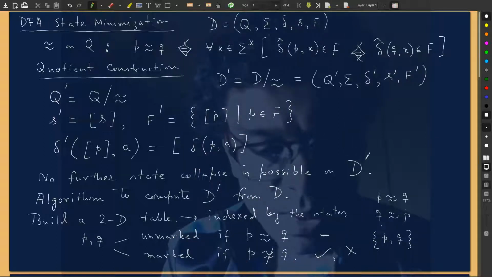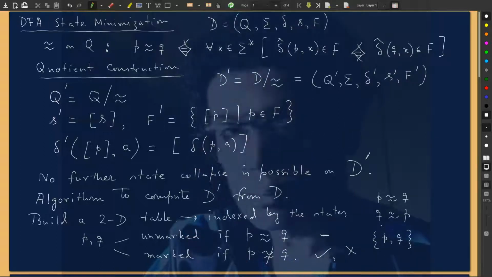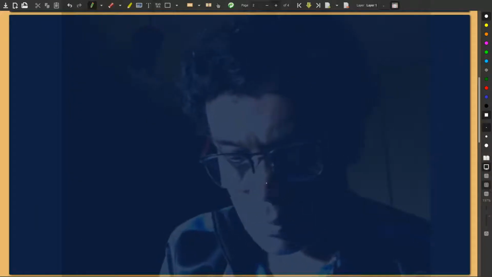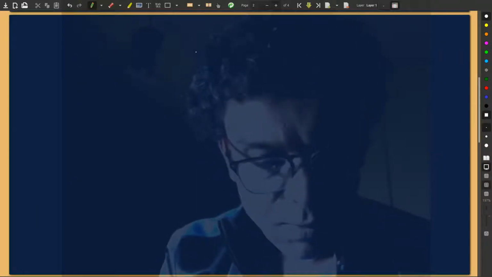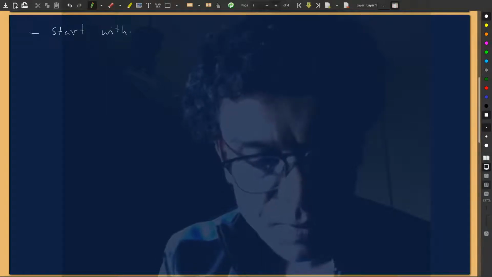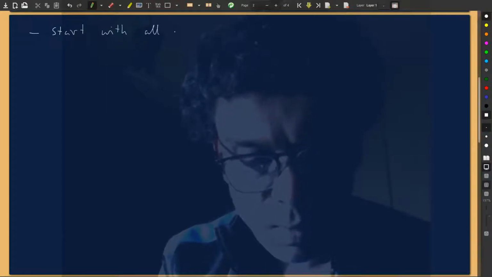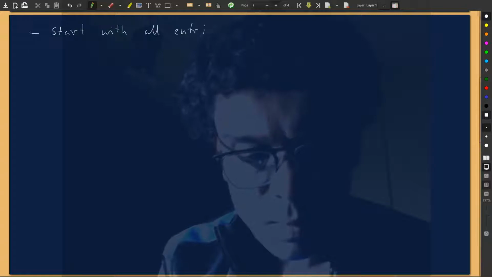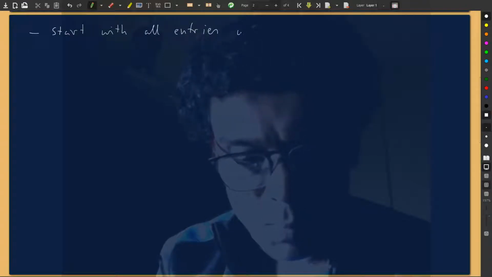So this table is built using the following algorithm. First, start with all entries unmarked.